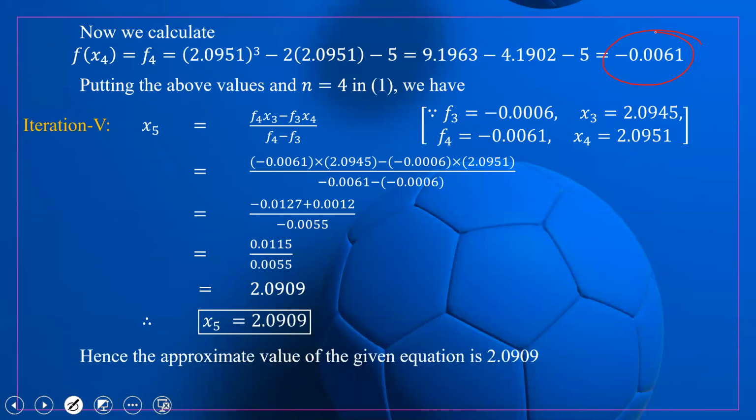Hence the approximate value of the root of the equation is 2.0909. I will check whether this answer is correct or not, because we have already made some mistake in the middle steps. I will correct it and then send the PDF. Okay, let us come to the next part.